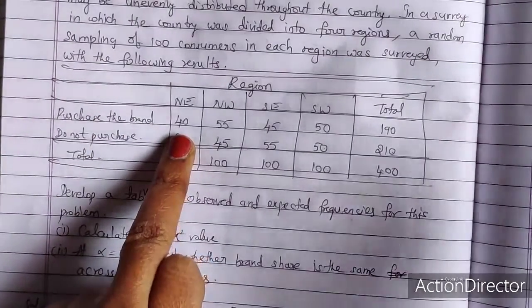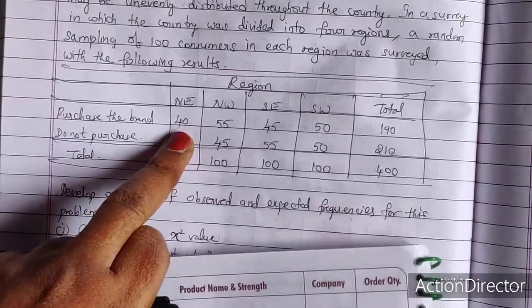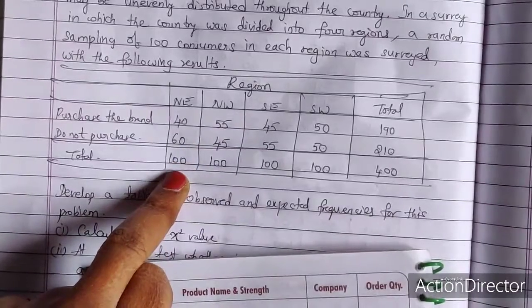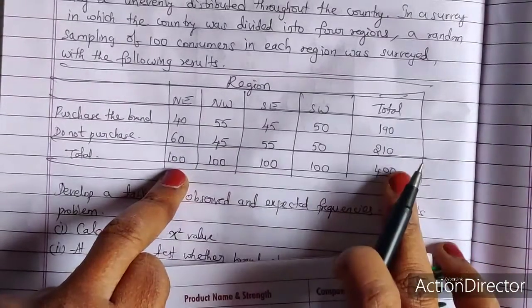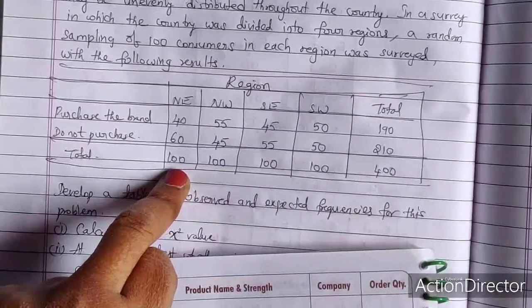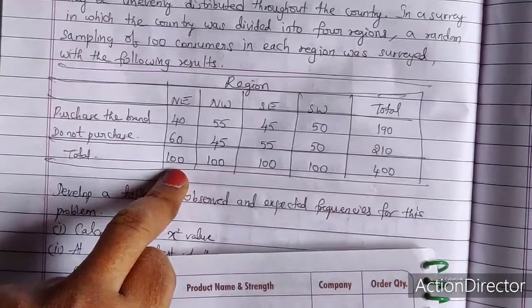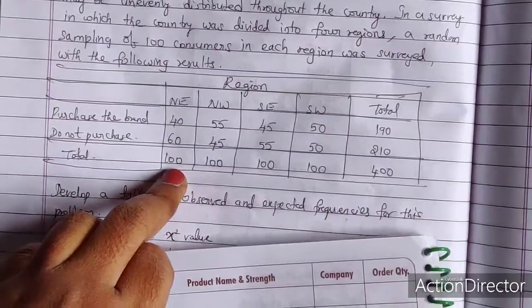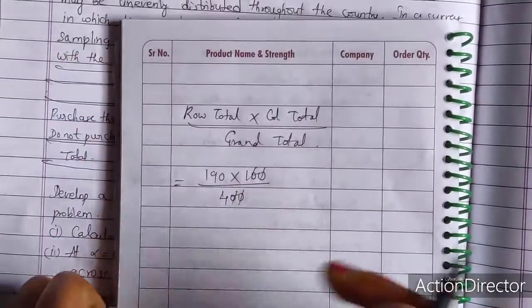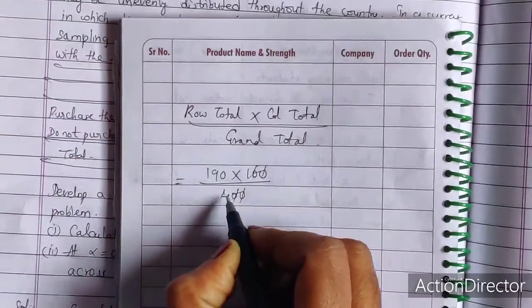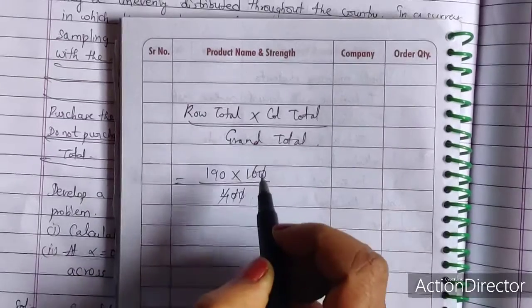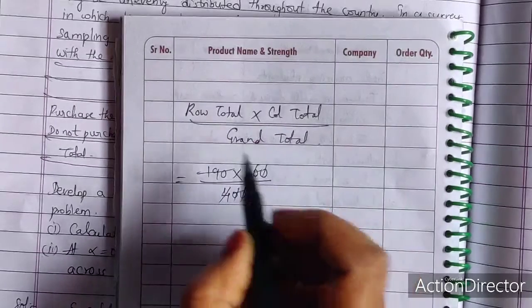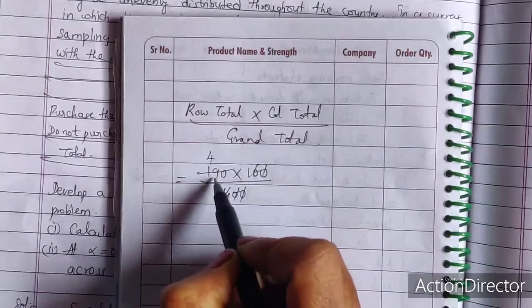So the row total is 190, the column total is 100 and the grand total is 400. 4 4s are 16.